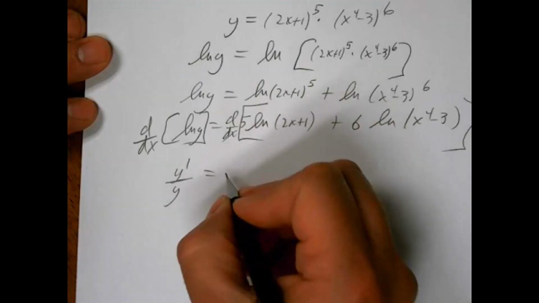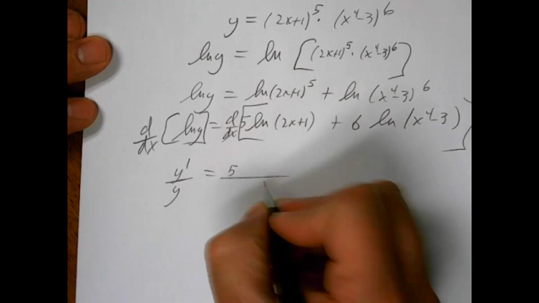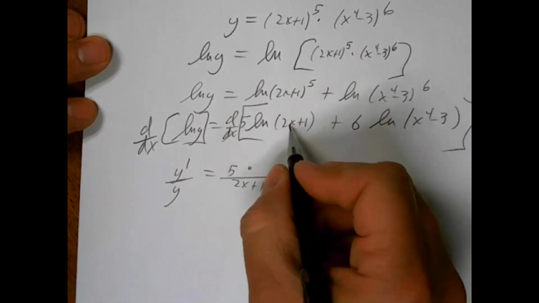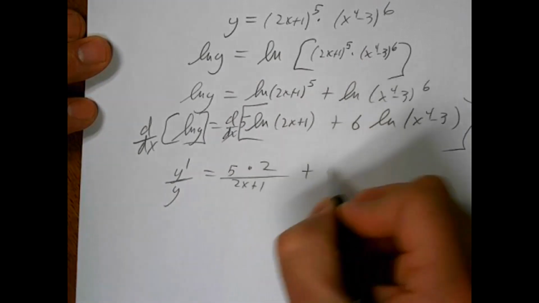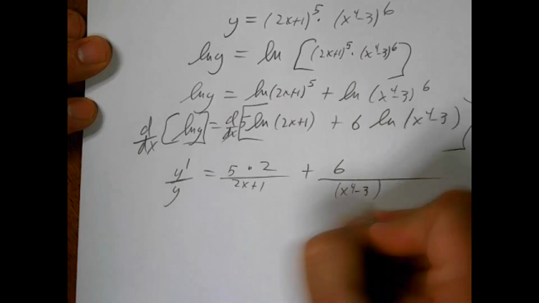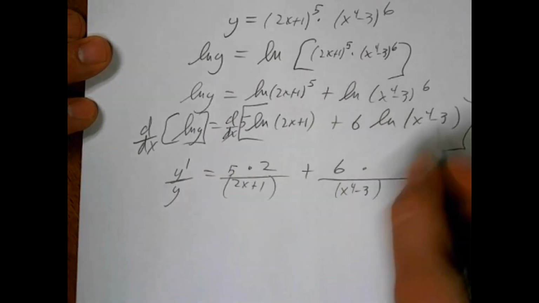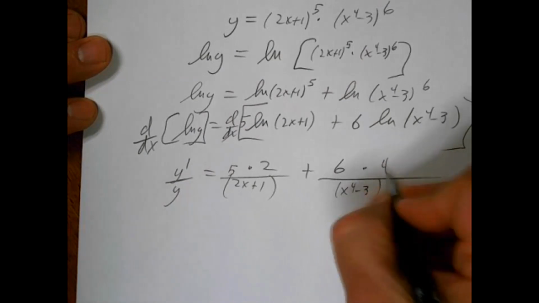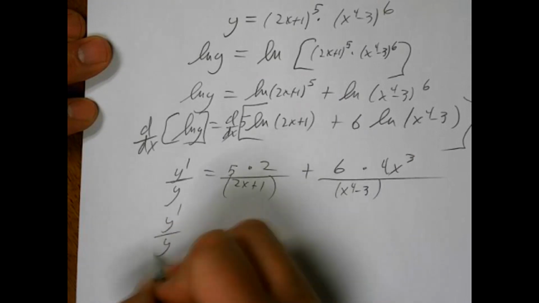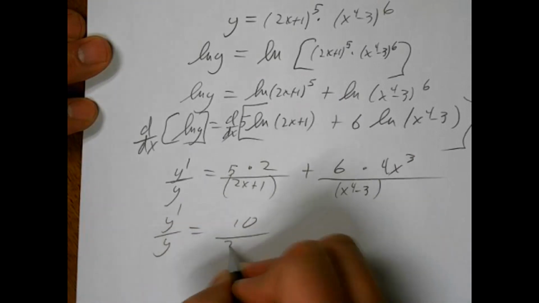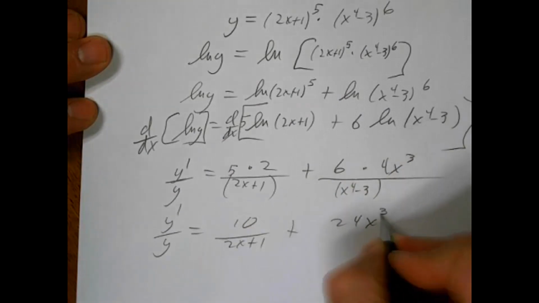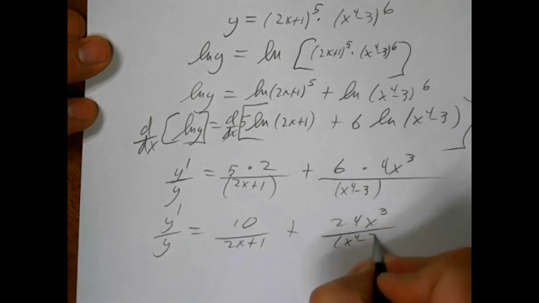This becomes a 5 over the 2x plus 1 times the derivative of the 2x plus 1, which is a 2, plus a 6 over x to the 4th minus 3 times the derivative of x to the 4th minus 3, which is 4x to the 3rd. Clean this up a little bit. y prime over y equals 10 over 2x plus 1 plus 6 times 4 is 24x cubed over x to the 4th minus 3.